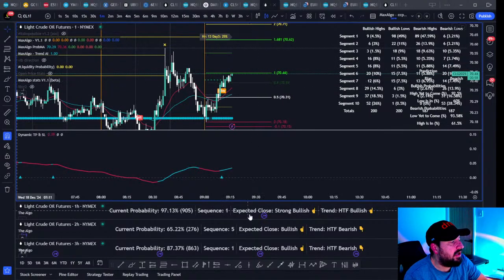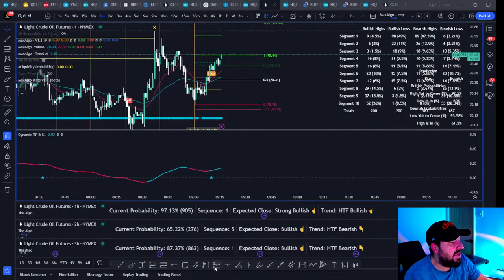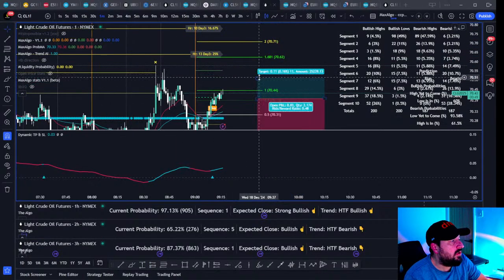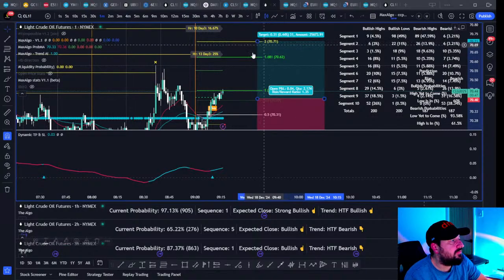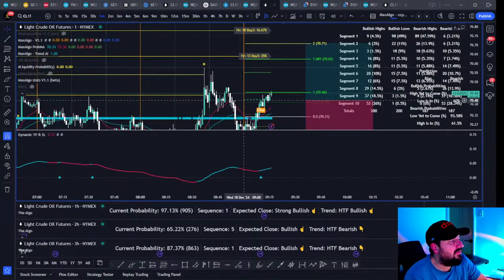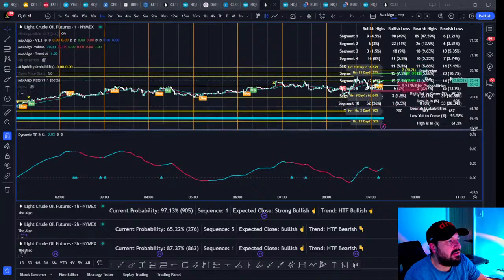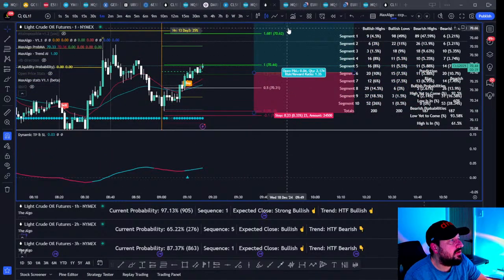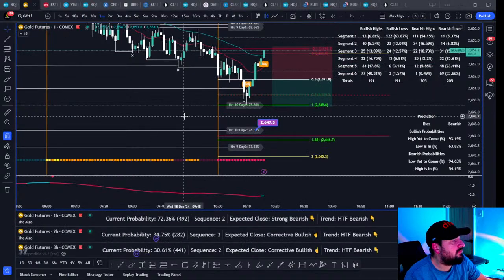Otherwise, it's okay if you're in on this trade with CL. CL's probability is much better. That would be your 1R up here. We haven't got much liquidity above. It's the only worrying thing I have with CL. But anyway, it's not in the rule set.